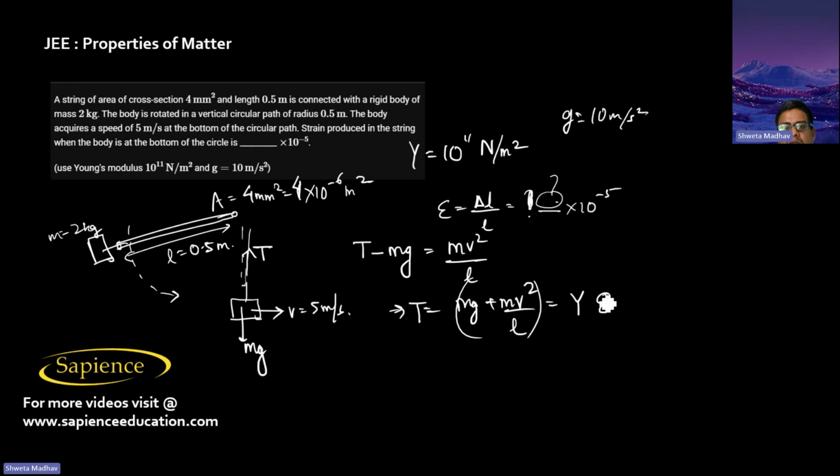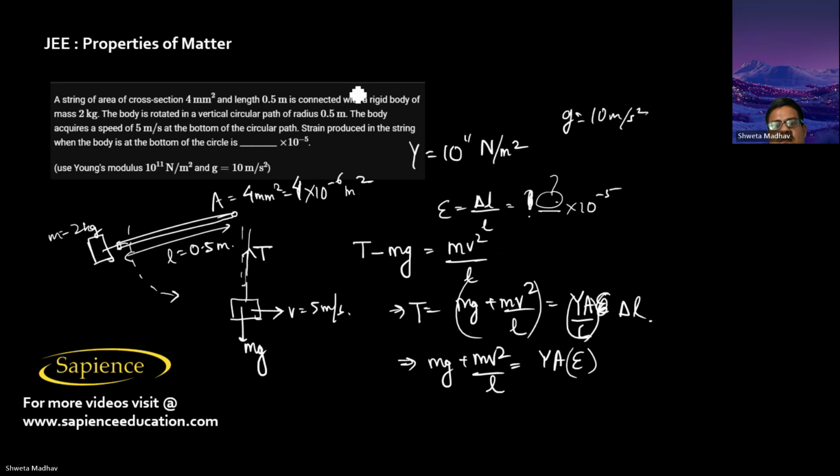T will be YA by L into delta L, so mg plus mv square by L is equal to YA into epsilon, which is the strain. So this strain we have to find out.